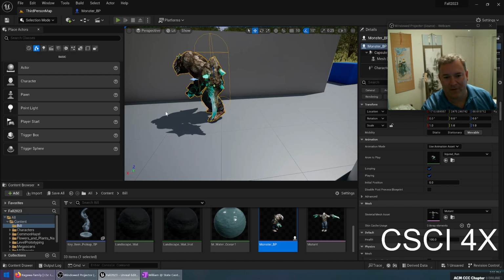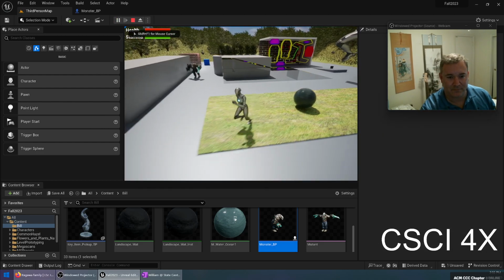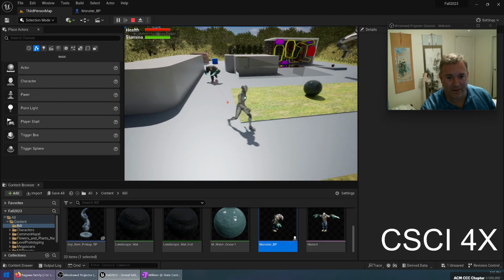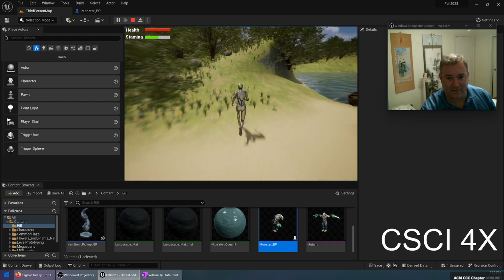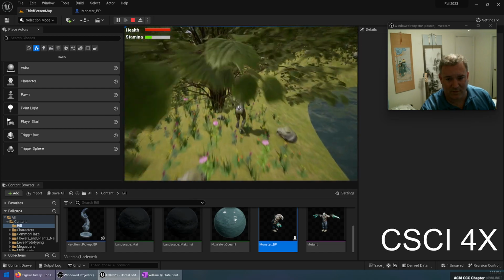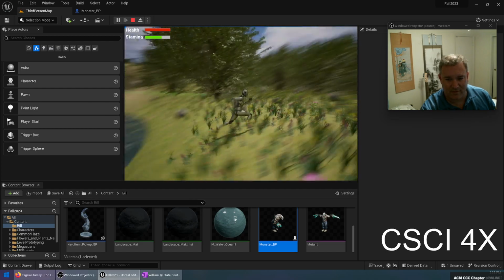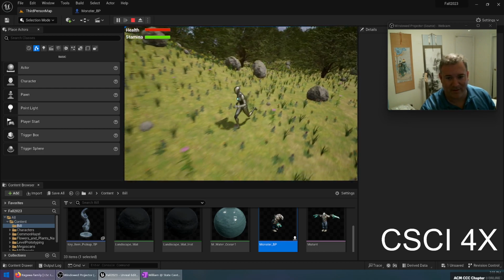So now we should... did I put it back on? I guess so. All right. So here he comes. He's chasing me. I'm going to try and get some distance. 100 meters is actually really far. It's still doing the line trace, so I'm not 100 meters away yet.